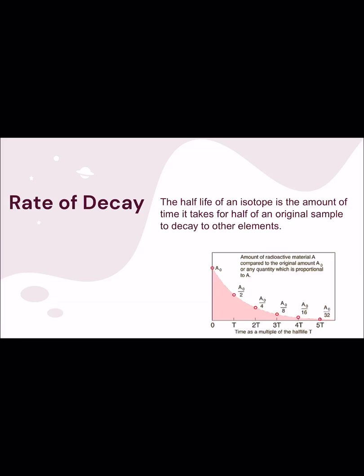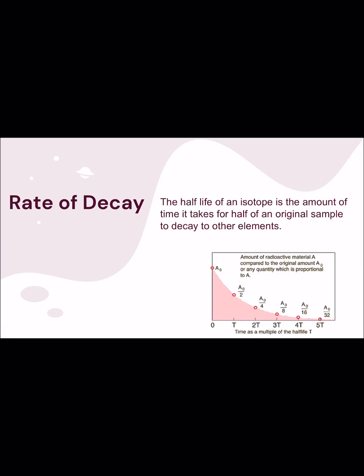The half-life is how much time it takes for half of an original sample to decay to other elements. So it's the amount of time that the original sample that you have has decreased by half. So half of it has decayed to other elements. Okay, so we've lost half of it.